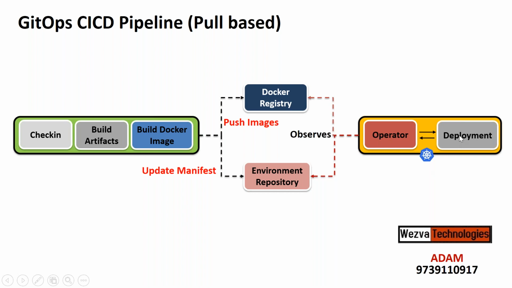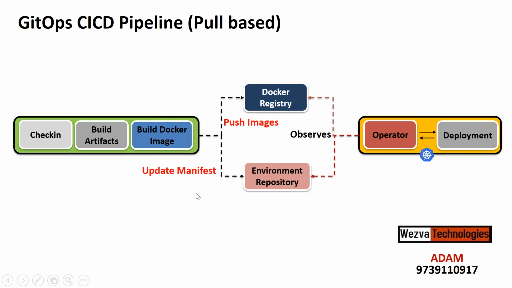So this way, it's easy for us to maintain the credentials. It is easy for us to manage different flows based on different triggers. And it's also easy for us to have multiple pipelines because you are separating the CI from the CD.